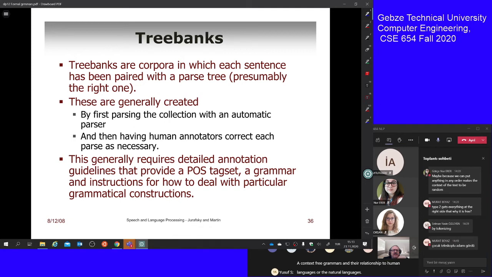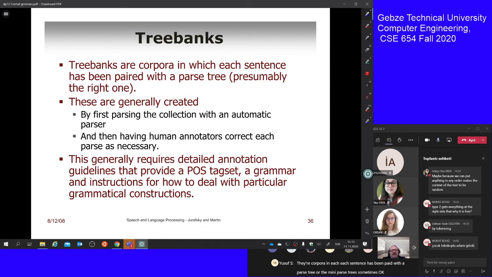Let's look at our data at hand. How do we use these ideas in data sets? What kind of data sets do we have? We call these kind of data sets tree banks. They are corpora in which each sentence has been paired with a parse tree, or many parse trees sometimes.